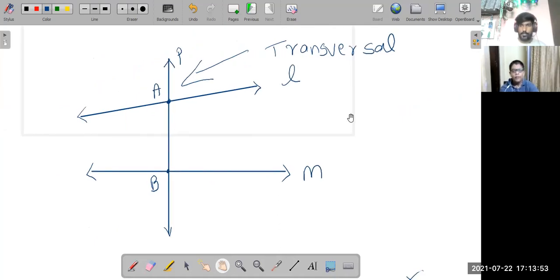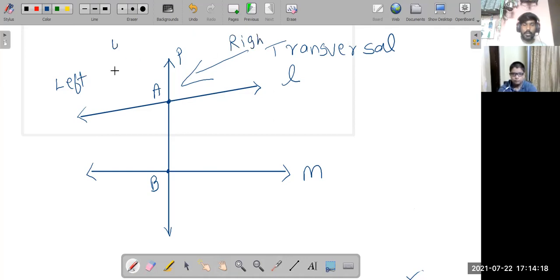Okay. First thing is this transversal. Because of this transversal, you have two sides and two directions. Don't get confused when I say sides and direction.